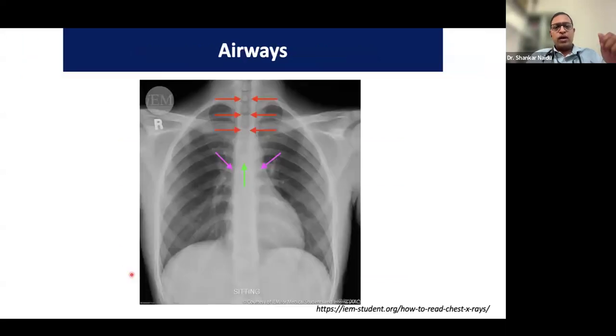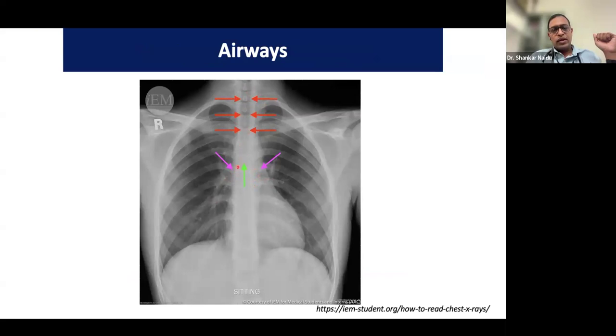So first coming to the airway, you need to look at the tracheal position, as has been highlighted by the red arrows. So this is the trachea, the air shadow within the trachea. And as you go lower down, this is where the bifurcation of the trachea happens. So I hope you can see the left main bronchus going here and here the right main bronchus.